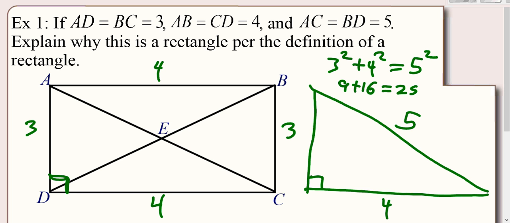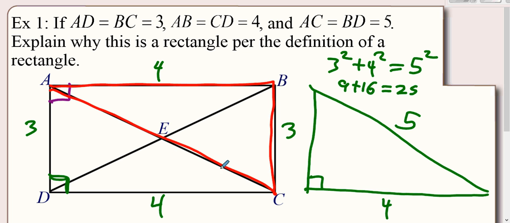Now, if we drew a different triangle, if we went this way now, it's still got a side of 3 and a side of 4, and then the long side here is 5, which would be the hypotenuse. 3 squared plus 4 squared is 5 squared, so that's also a right angle. And then you can do the same thing with this triangle.